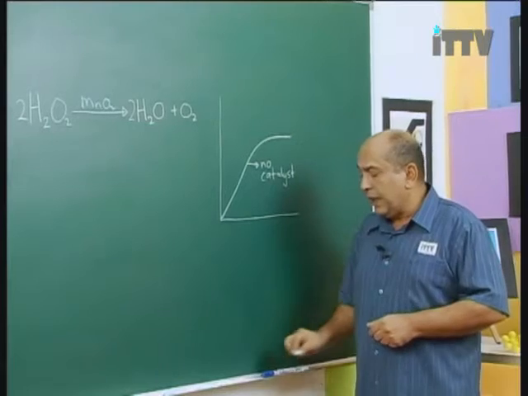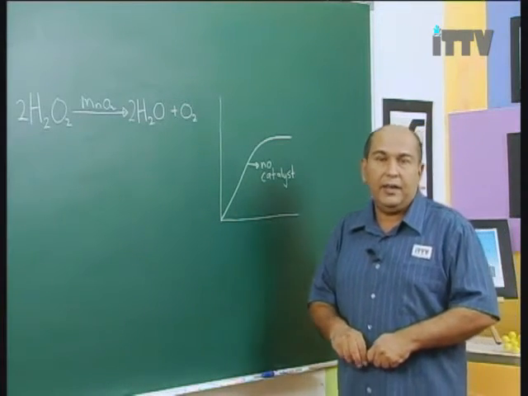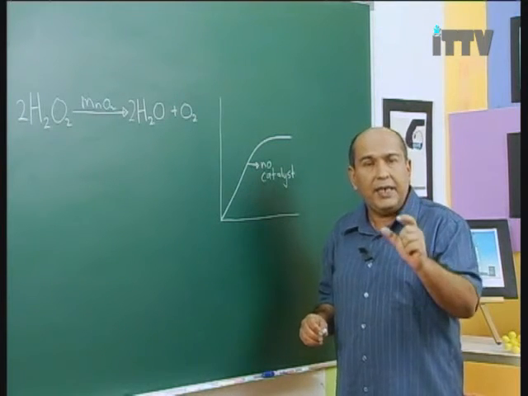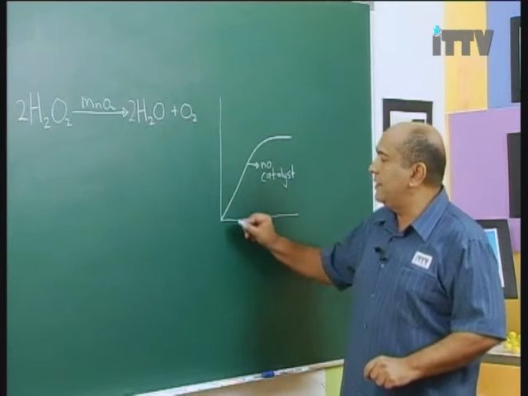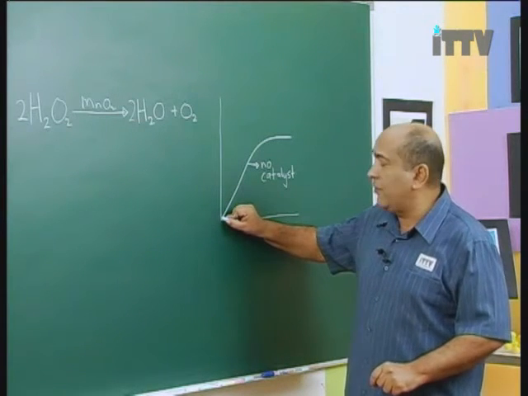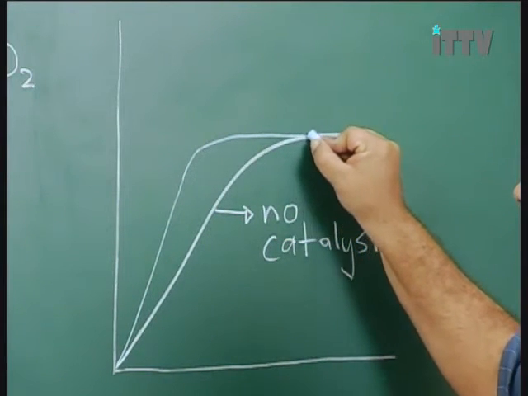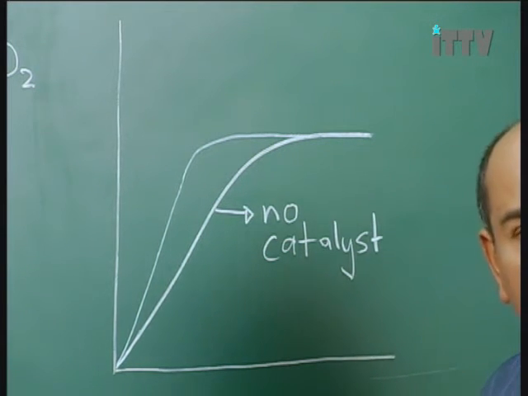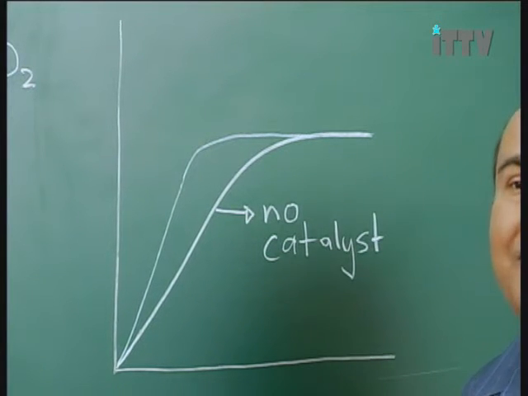Let's label this: no catalyst. If I was to use a catalyst, what I would find is that I would get a faster rate of reaction, but the key here is to remember I don't get more product, which means that I should get a steeper gradient, but my final product is the same amount. So with a positive catalyst, your rate of reaction will be faster, but the amount of product is the same.